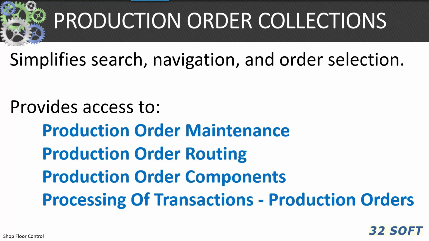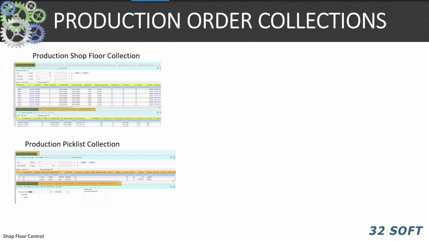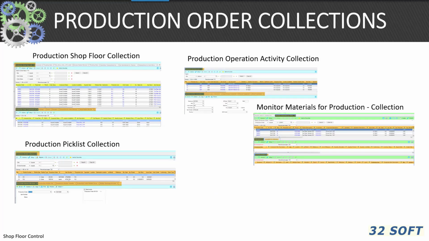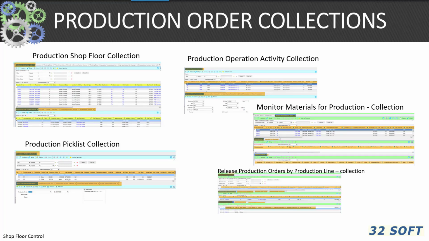The system has all of these new production collections, which simplify searching, navigating, order selection, processing, production order, routings, components, transactions. You've got shop floor collection, pick list collections, monitor material, production operation activity, release production orders.